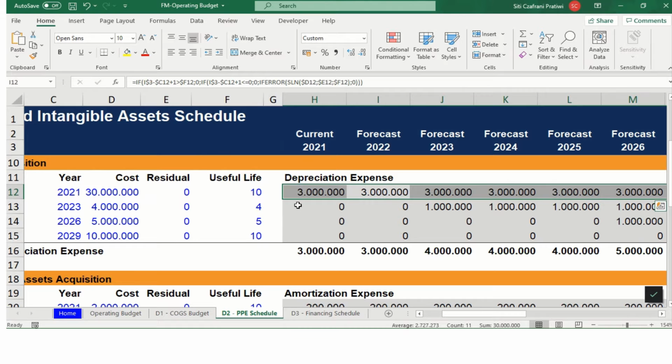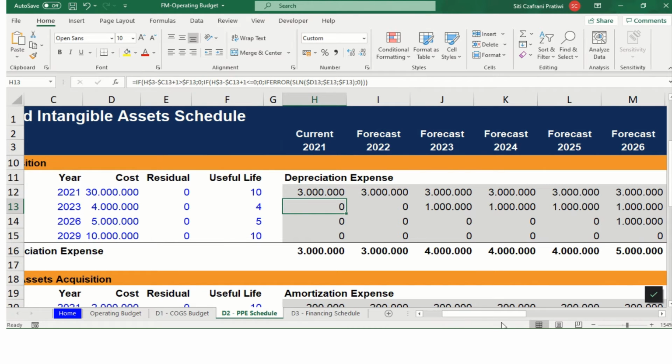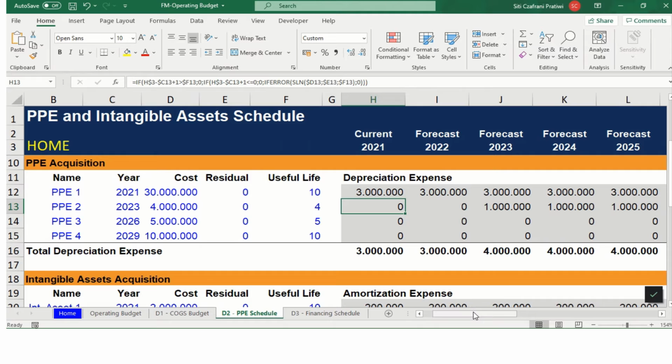Okay, for PPE number 2, which is purchased in year 2023, in year 2021 the depreciation value of PPE number 2 is still 0.